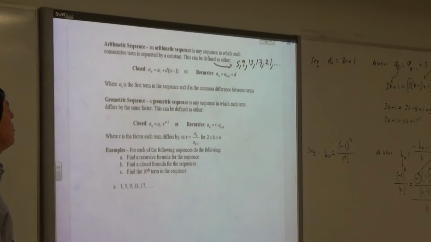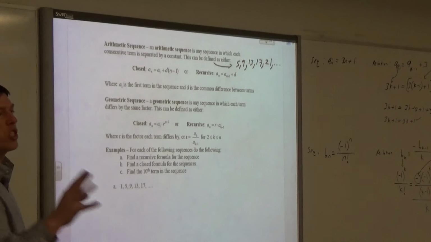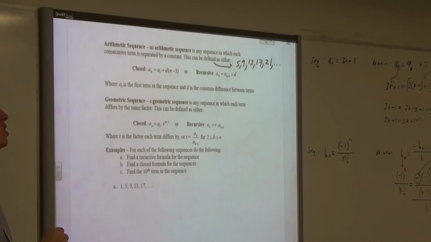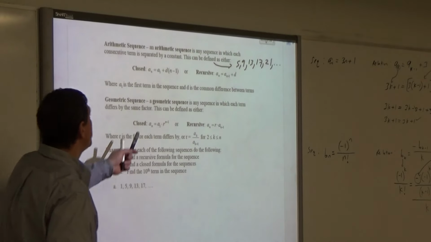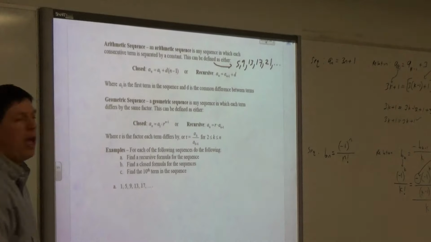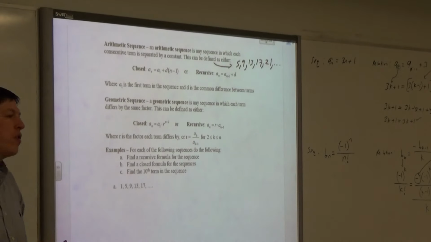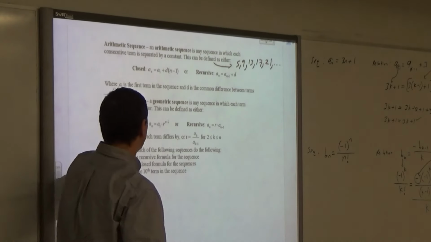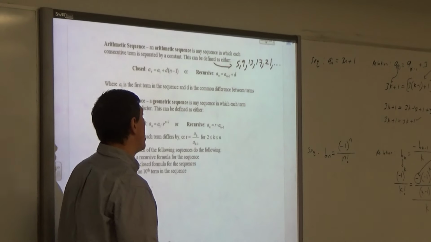But guys, notice that each time you're increasing by 4. That's an arithmetic sequence where you have a common difference each time. A geometric sequence, you multiply by a common factor. It can either be written as recursive or as a closed form. Again, the closed form is the nice form, the recursive is not so nice.